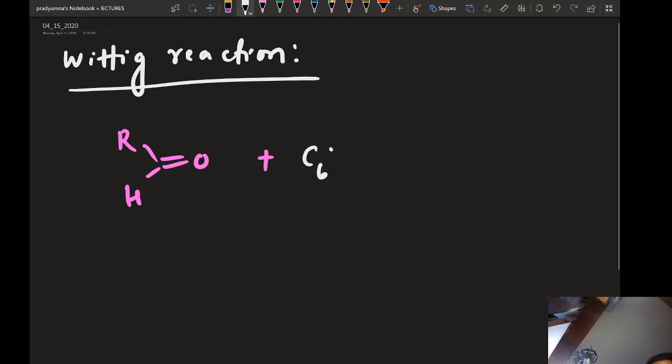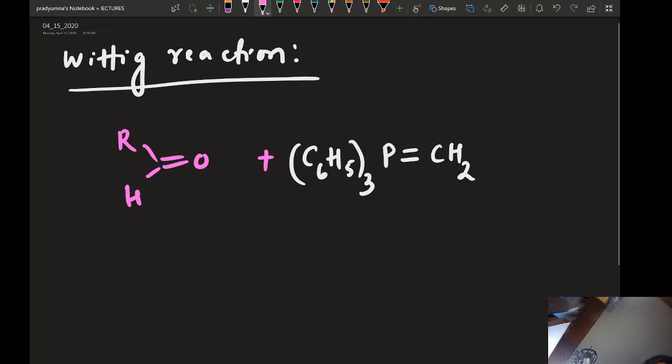This is a triphenyl phosphonium halide, connected to CH2. This doesn't have to be CH2. This could be any carbon chain, by the way. But it's most often used to make a terminal alkene that we cannot make with our usual strategy.